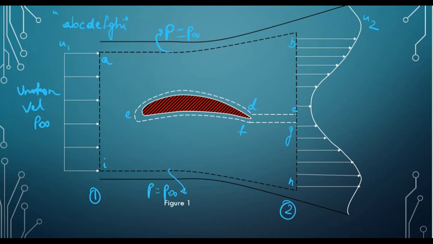For example, if you're putting your airfoil in a wind tunnel, whatever velocity is entering the inflow would be the uniform velocity.